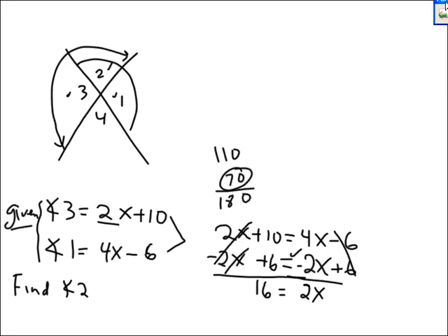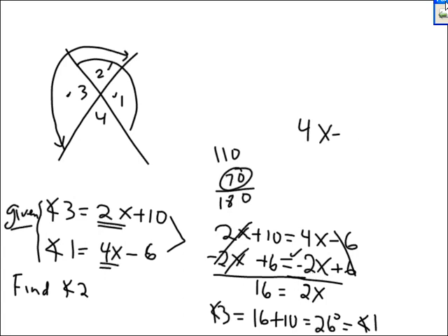Now, before I jump on finding out what x is, I don't really need to know what x is. I could get by knowing what 2x or 4x is. Well, 2x. Angle 3 is 2x, 16, plus 10. Angle 3 is 26 degrees. But angle 3 equals angle 1. If you want to verify it for angle 1, you need to know what 4x is.